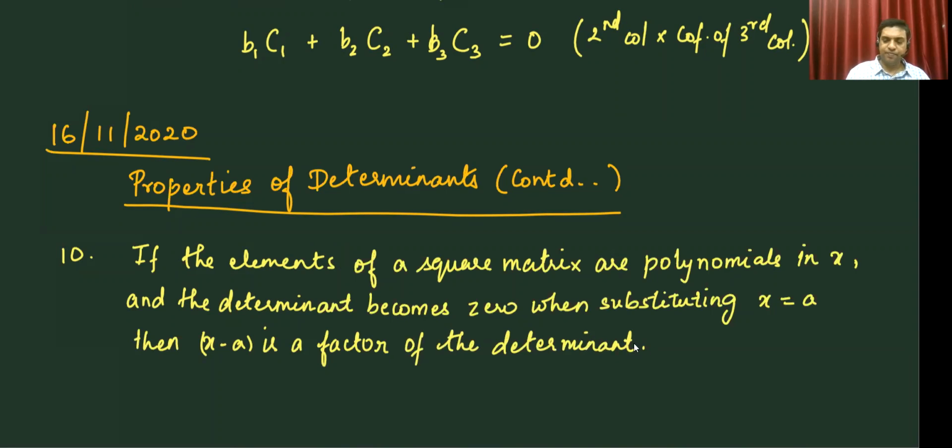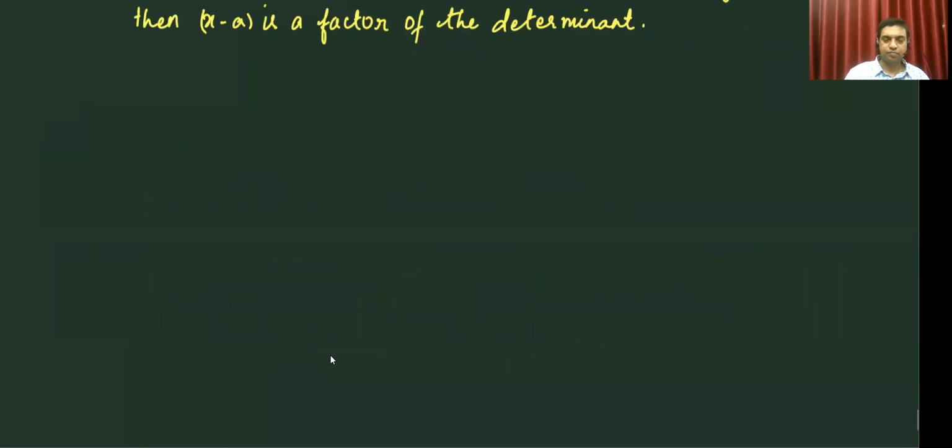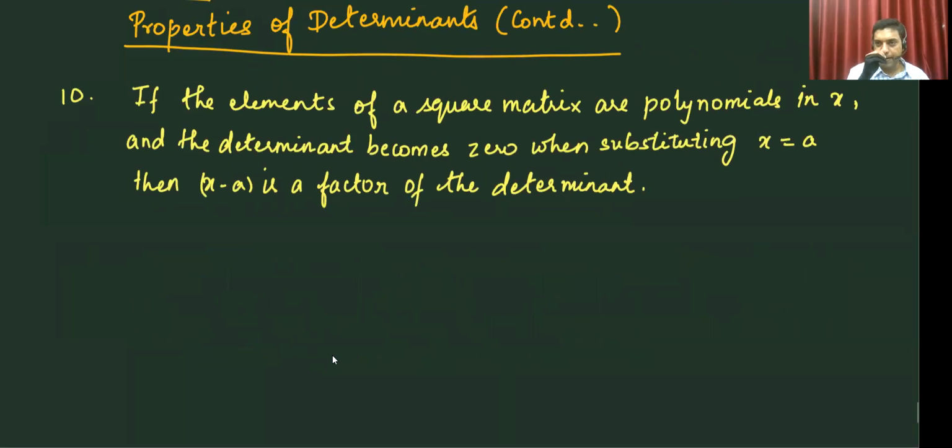Now this is a common law for any polynomial, and mind you, a determinant is a polynomial. Suppose the elements are polynomials, then the determinant will be a polynomial.